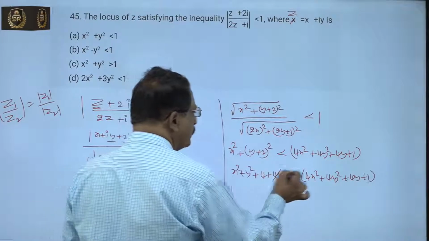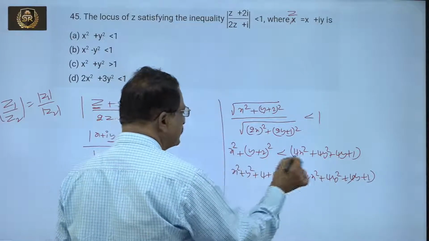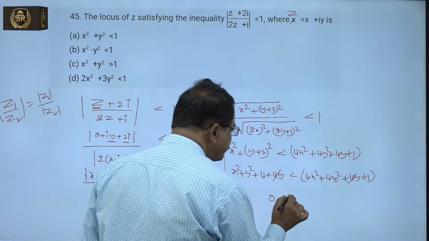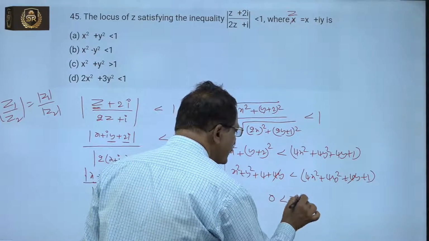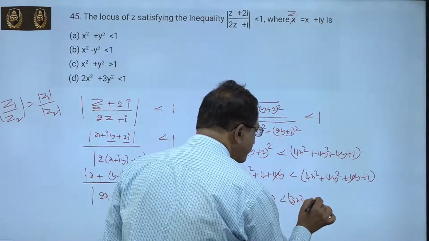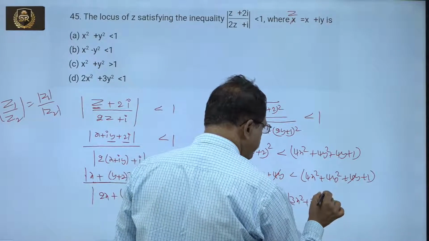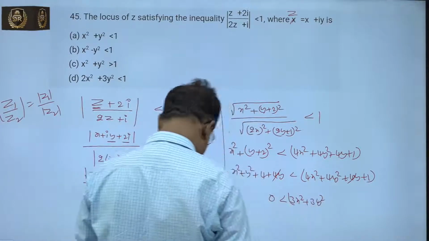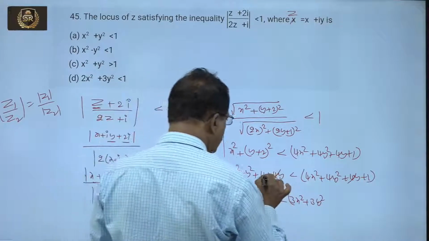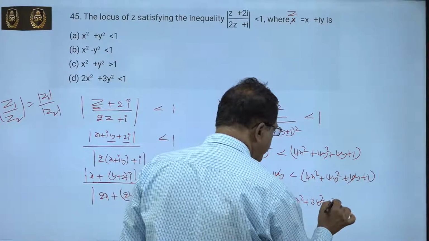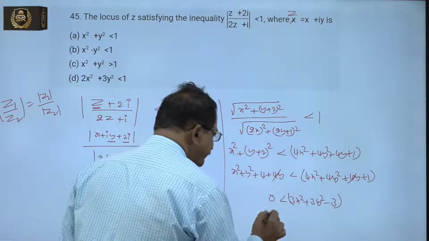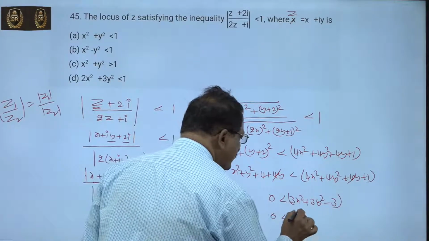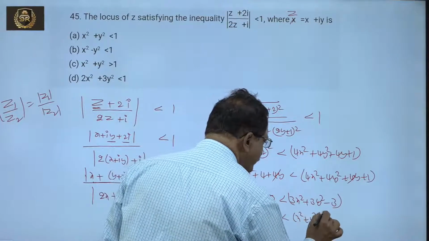Now 4y cancels on both sides, and taking these terms to the right side, we get 0 less than 3x square plus 3y square plus (1 minus 4), minus 3, or 0 less than, taking 3 common, x square plus y square minus 1.